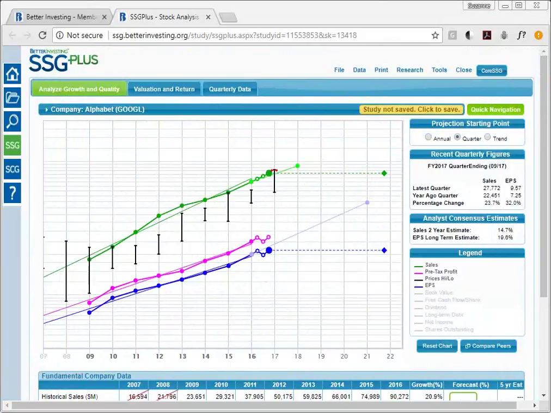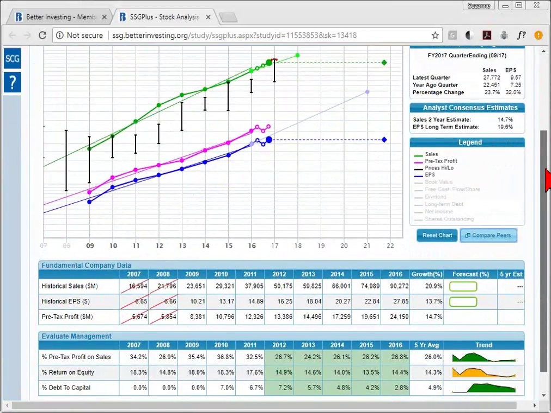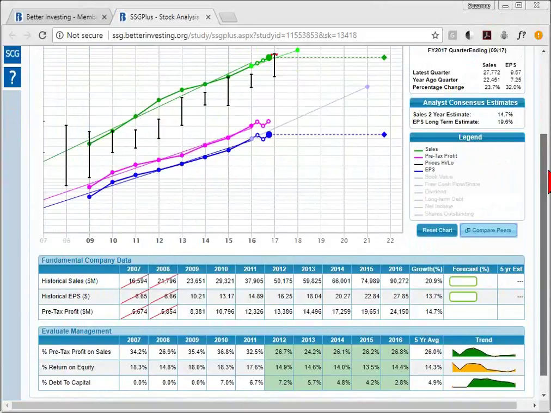We talked about evaluating management, and we talked about the visual analysis. So it's at this point that before you put extra work in that you're going to want to decide if this company is worth further study. If you're satisfied with what generally the trends are and generally the growth rates, I will tell you that for a large company, growth rates like 21% or 35% are spectacular for a large company.